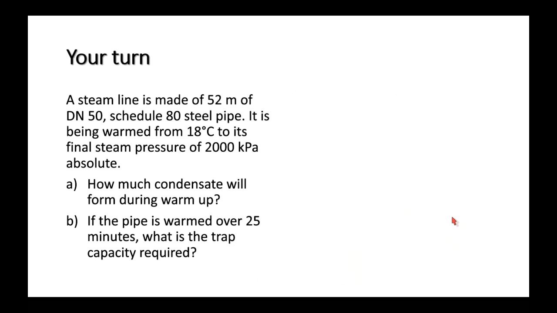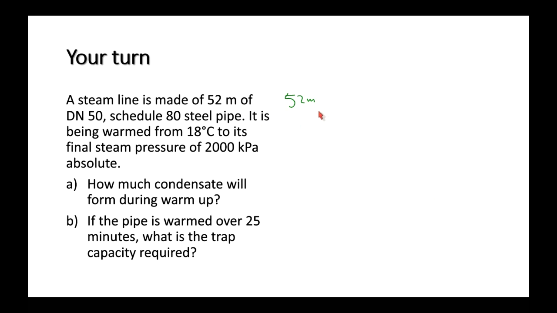If you want to work on one, we can do another one if you like. In this case, we've got 52 meters of DN50 Sched 80 being warmed from 18 degrees to its final steam pressure of 2 megapascals absolute. How much condensate forms during warm-up, and if the pipe is warmed over 25 minutes, what's the trap capacity required? You want to do that?